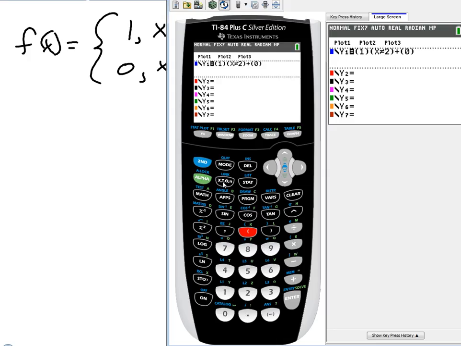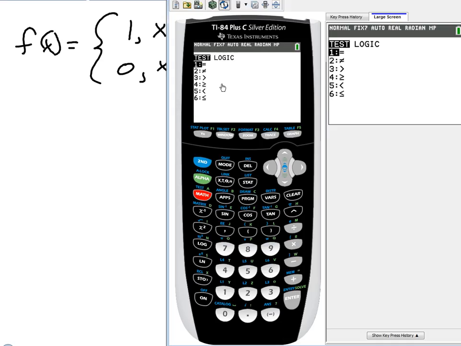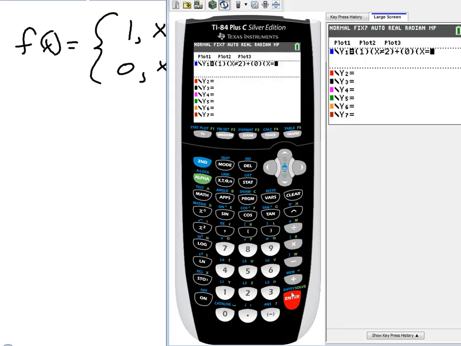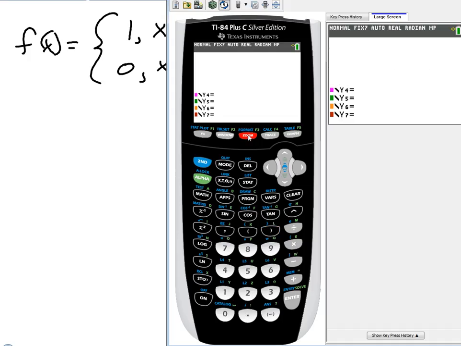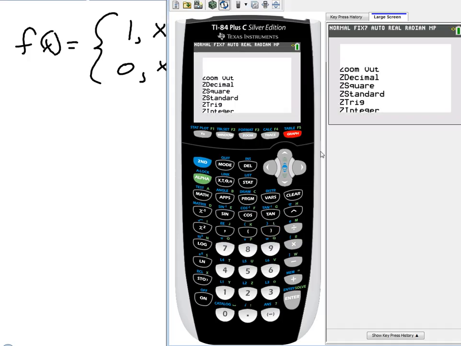That would be when x equals, which we probably have to go to test again. So you see where I'm getting that? Second math is the test menu. Okay. X equals 2. And let's just go ahead and go graph. It's set up well enough for us.